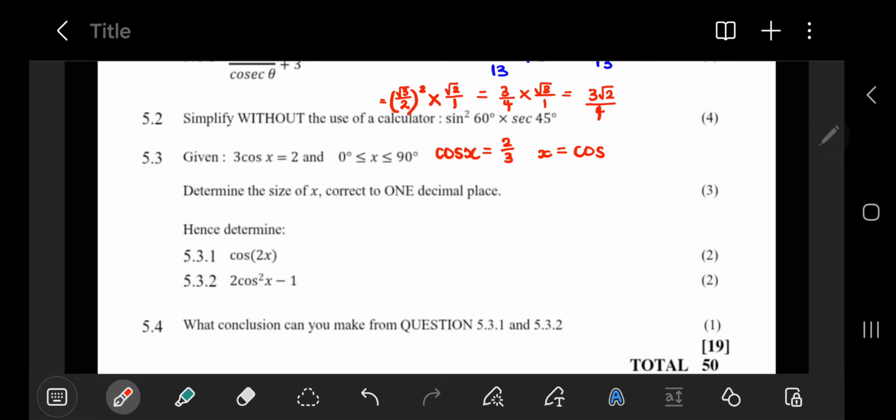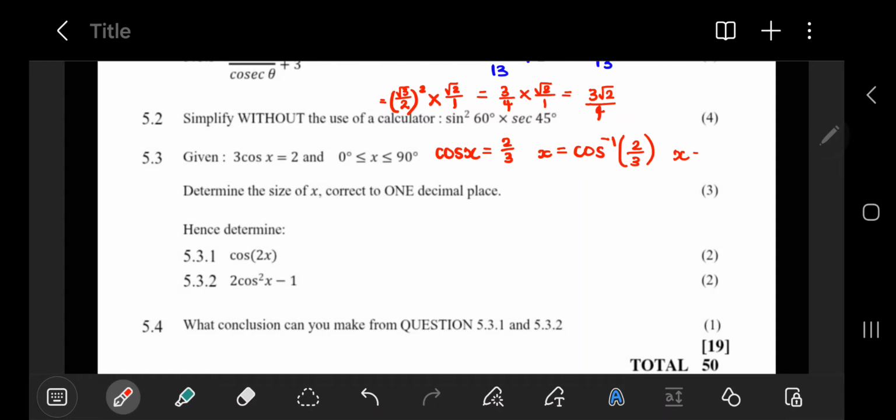Whenever you are solving for an angle and you are getting rid of a trig ratio, in this case we have cos, when you take it over to the right hand side, it becomes cos to the minus 1. If it was sine, it would be sine to the minus 1. If it was tan, it would be tan to the minus 1. And what goes in the bracket is the fraction that you had.